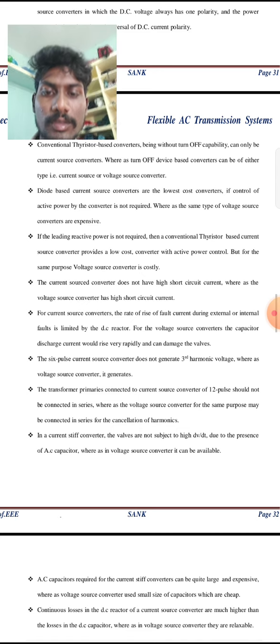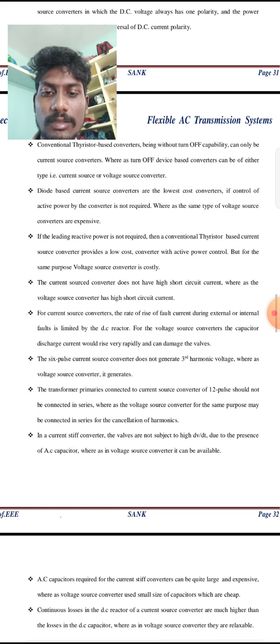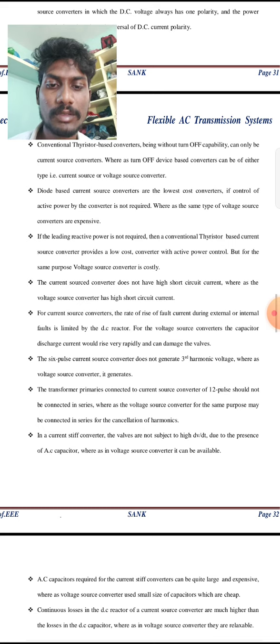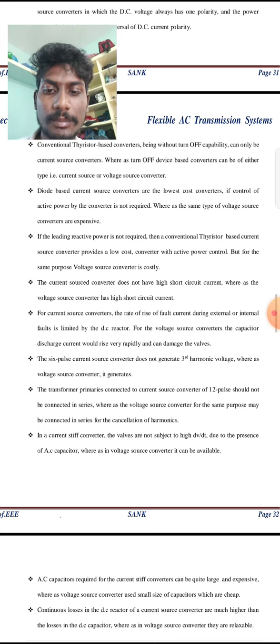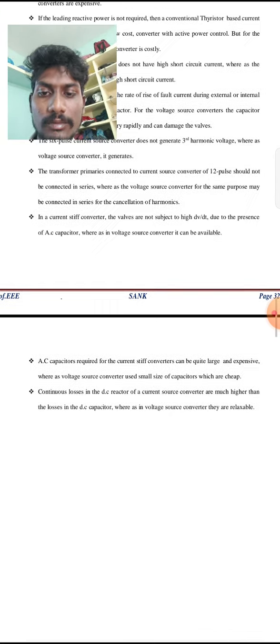For current source converters, the rate of rise of fault current during external and internal faults is limited by the DC reactor. The 6-pulse current source converter does not generate that harmonic voltage, whereas the voltage source converter generates it. In a current stiff converter, the valves are not subjected to high stress due to the presence of AC capacitors.